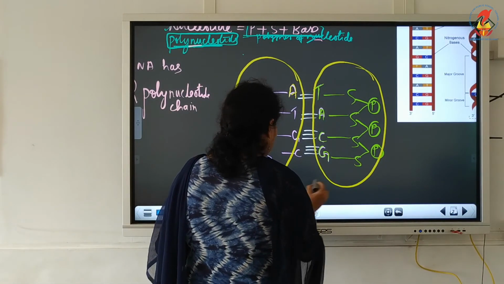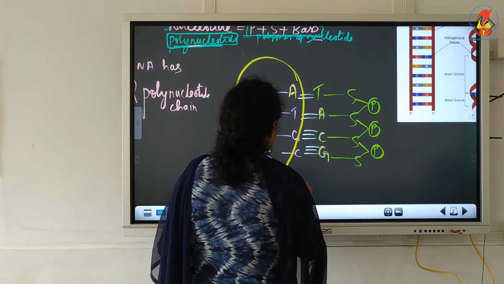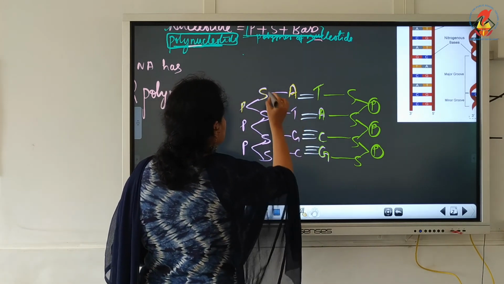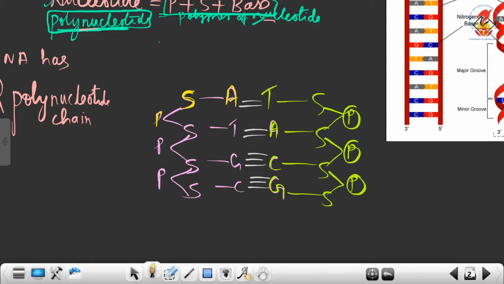Now, a very important part. Look how it is starting and ending. Look at the start of this chain. This chain starts with sugar and ends with sugar. Look at the other, second polynucleotide. Again it starts with sugar and ends with sugar. This is a very wrong representation.